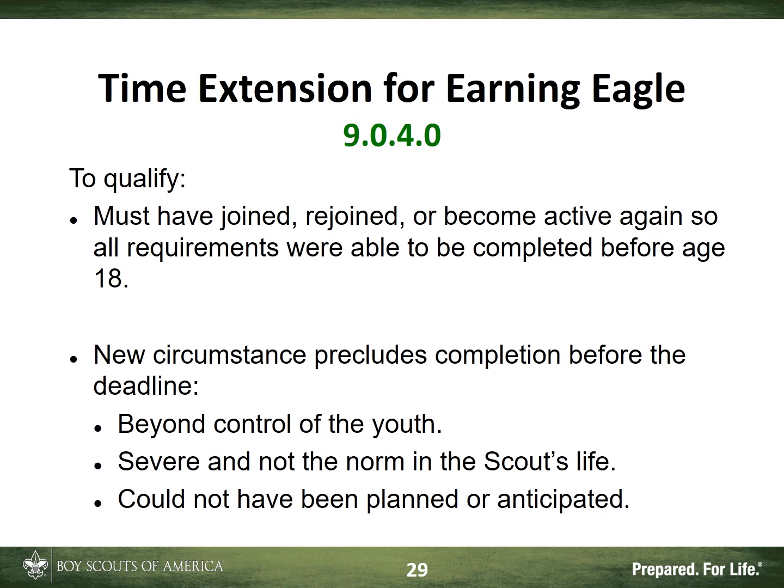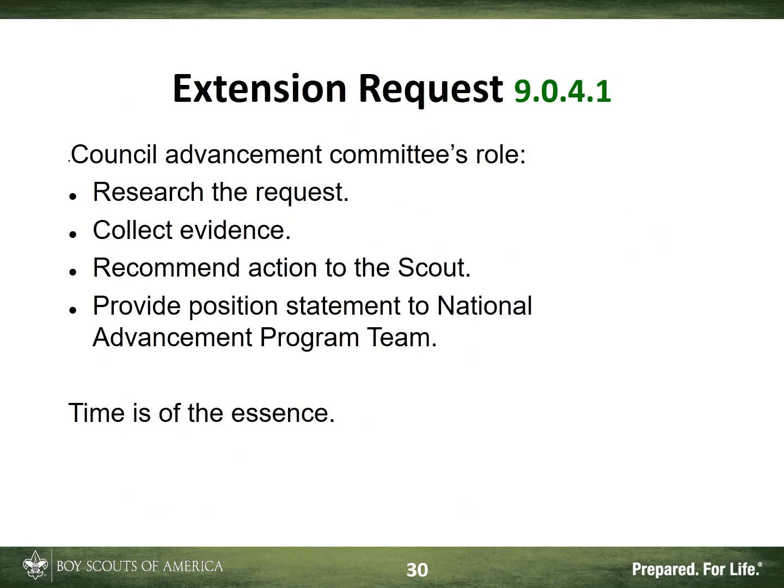The new circumstance precludes completion before the deadline. So that circumstance has to be beyond the control of the youth, severe and not the norm in the Scout's life, could not have been planned or anticipated. So if it falls into those categories, then we can consider whether or not to have a time extension for the Eagle project.